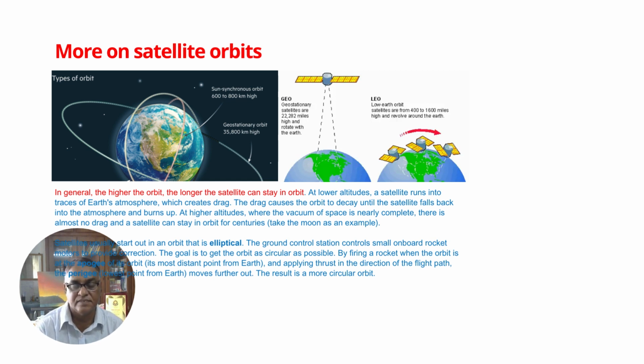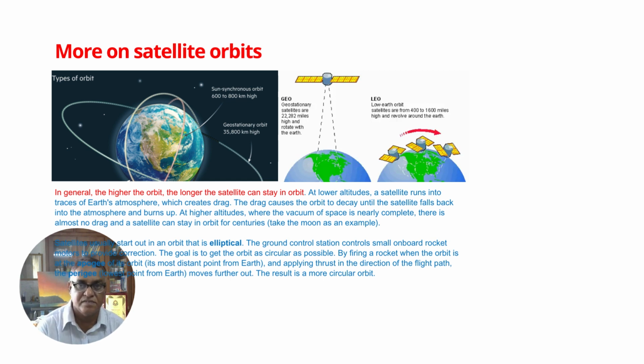As told earlier, we have seen three different orbits: LEO, MEO, and GEO orbits. The height of the orbit decides the life of the satellite. In general, the higher the orbit, the longer the satellite can stay in the orbit.